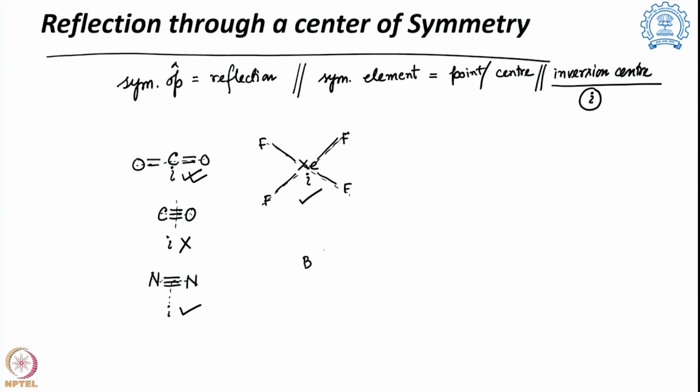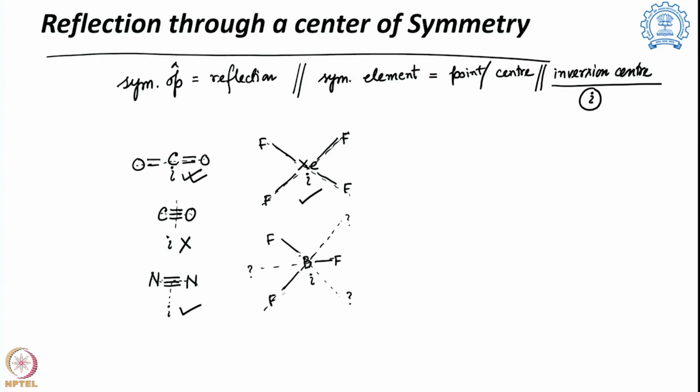Now if we take BF3, which is another molecule we have defined so far. If there is a center of symmetry, it has to be on the boron because that is the center of the molecule. If I go through there, in the opposite direction there is nothing. Similarly for all these fluorines, it is going through this imaginary center, but it is not showing any fluorine on the other side.